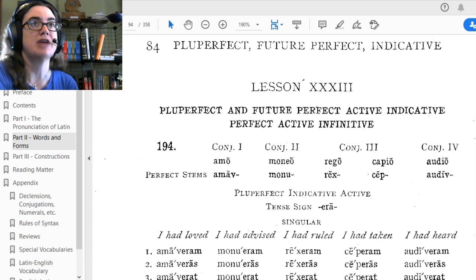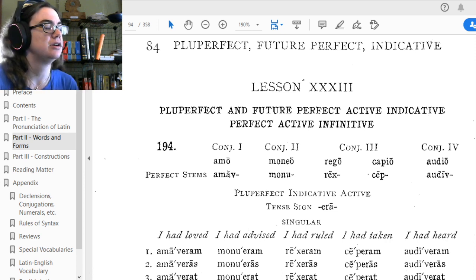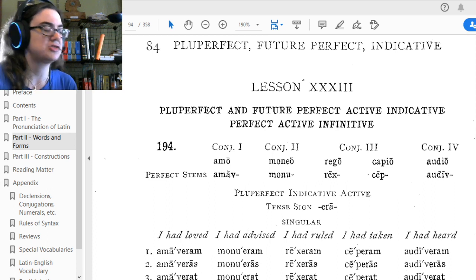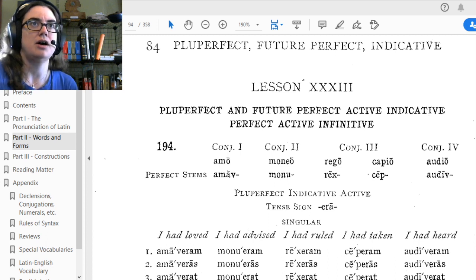And then we just add the endings. For the perfect, I have loved, or I have drunk, I drank. Either way is the perfect in Latin, and that's just i, isti, it, imus, istis, erunt. Those are the endings for the perfect active.